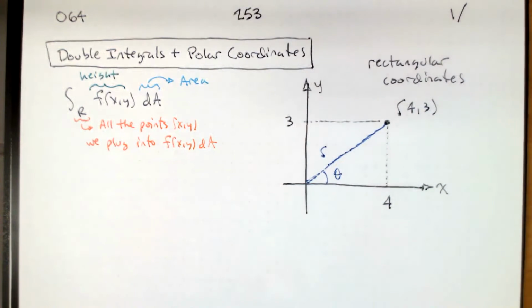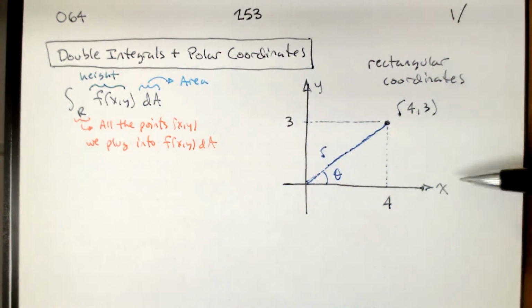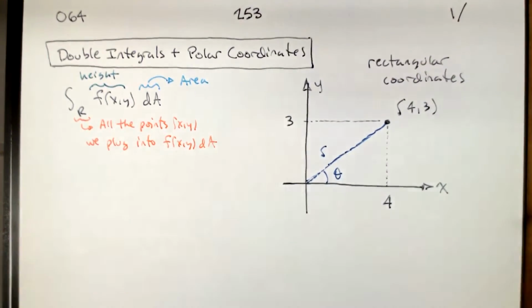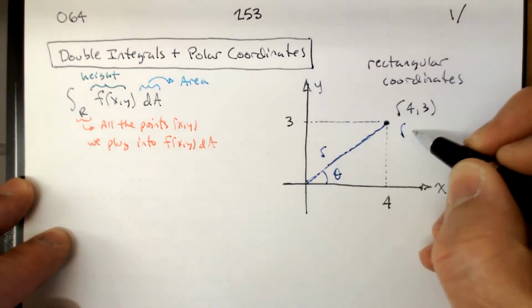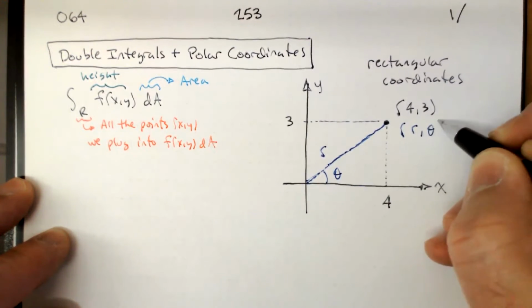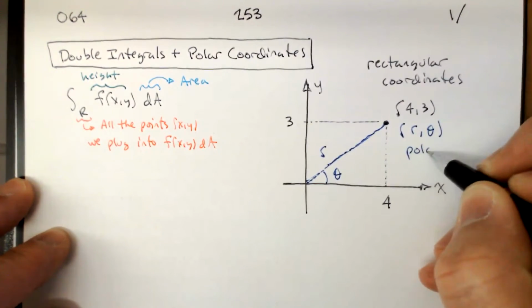So those are going to be our two coordinates. A distance from the origin and an angle measured from the positive x-axis. In this case, anti-clockwise is going to be positive. So we could also describe this point as r, theta in polar coordinates.